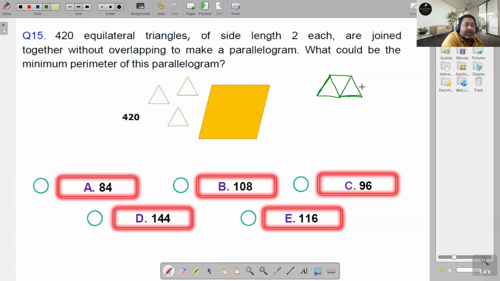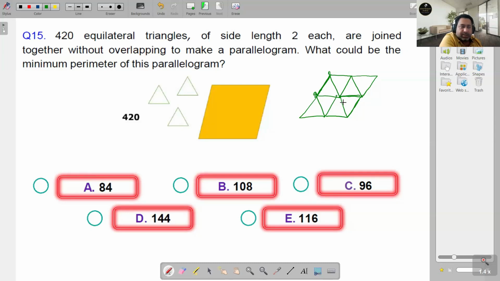Now this becomes a trapezium. Correct? This becomes a trapezium, right? Okay, because the side lengths are not equal. So I need to add another triangle here. Now this is also a parallelogram. Okay, and then I can have another one here joined here. So I need to replicate that, but just shift the corner over here.